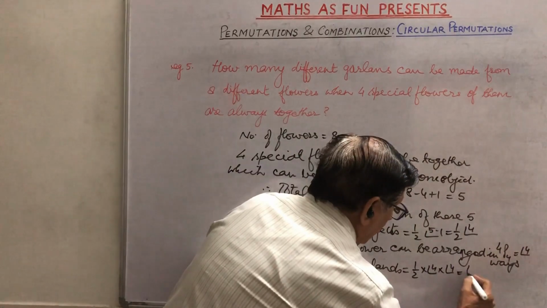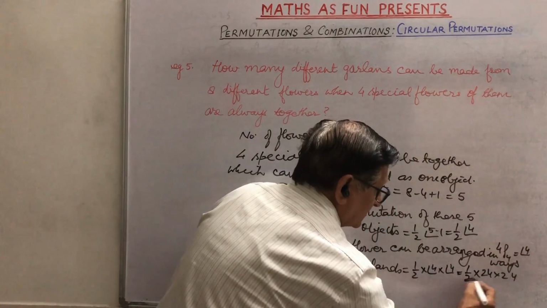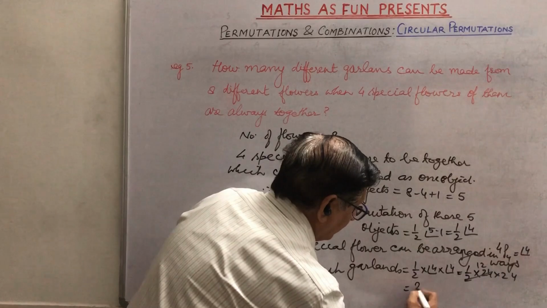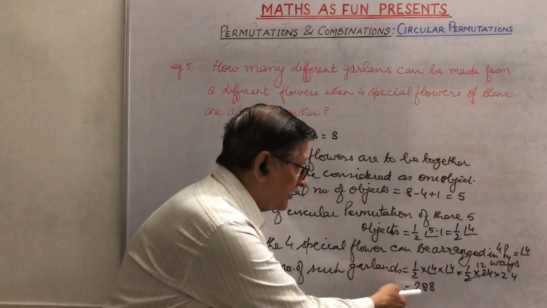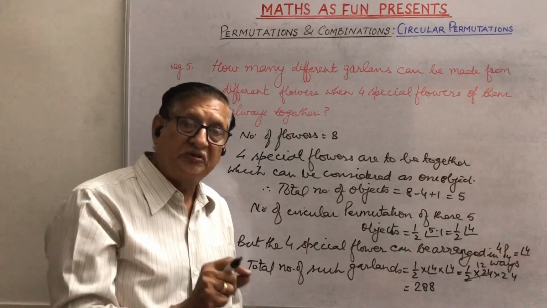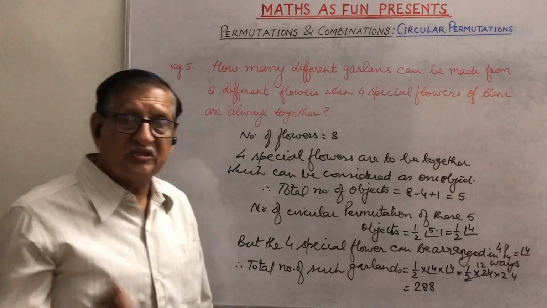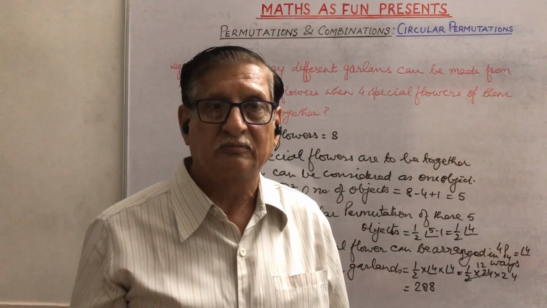So it is half into 24 into 24. This cancels, this 12 times, and this comes as 288. It means 288 different garlands can be formed from the 8 flowers, out of which 4 special flowers are always together. So now with these examples, circular permutations must have been more clear to you.